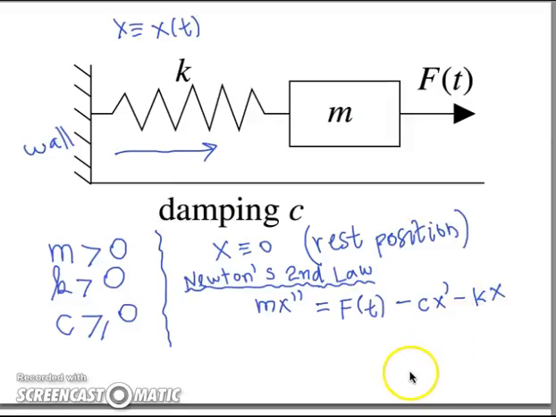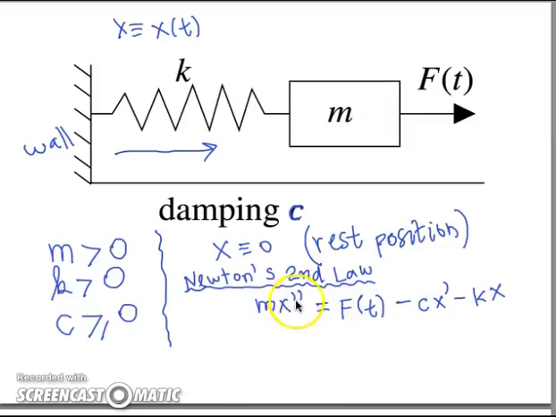And the other term here involves the first derivative of displacement, and that is modeling the force exerted by friction, and that force exerted by friction is proportional to the velocity of the mass. So you can see how this constant parameter c is acting here as a means of proportionality in the sense of friction.